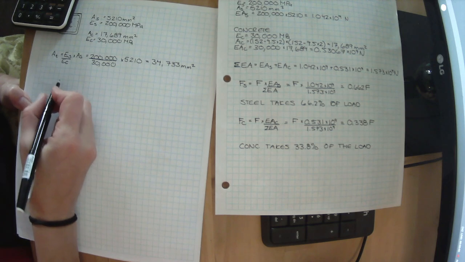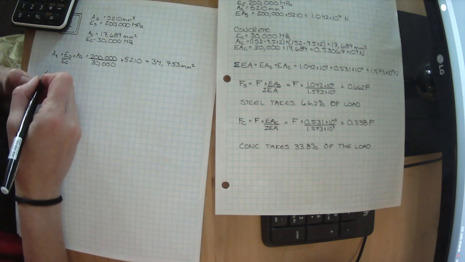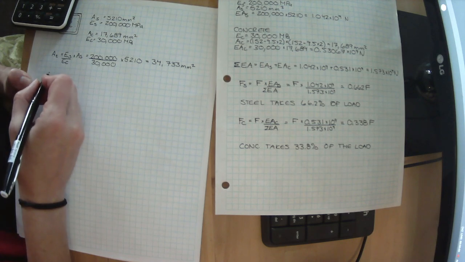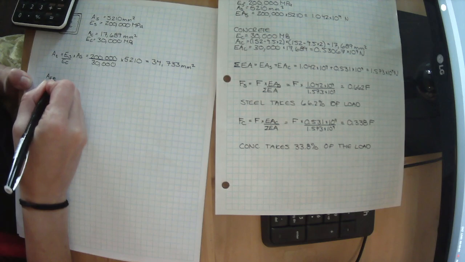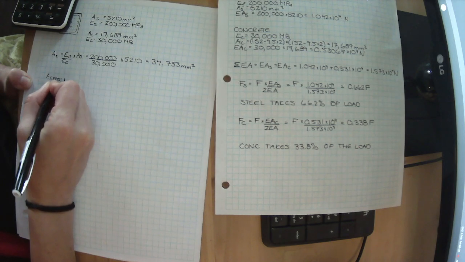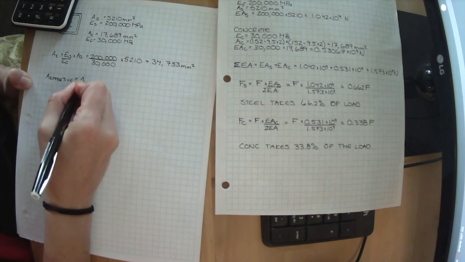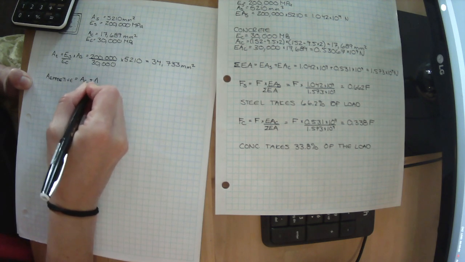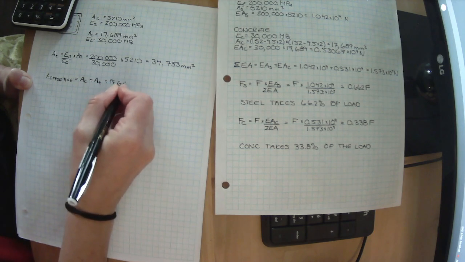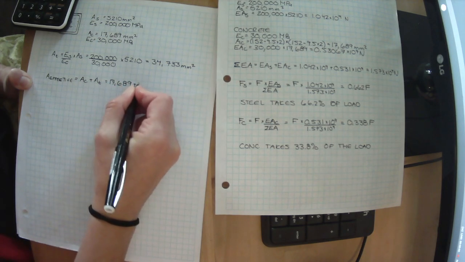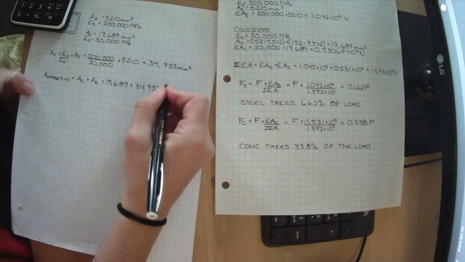What we're saying here, well, let's look at this. Let's look at the total area now. So our effective area is the area of the concrete plus the area of the transformed section, or 17,689 plus 34,733.